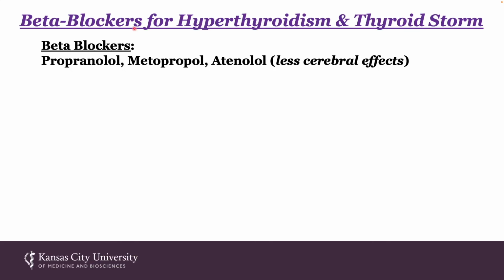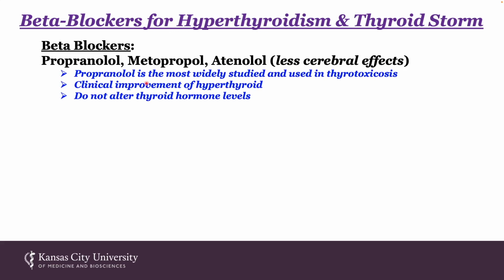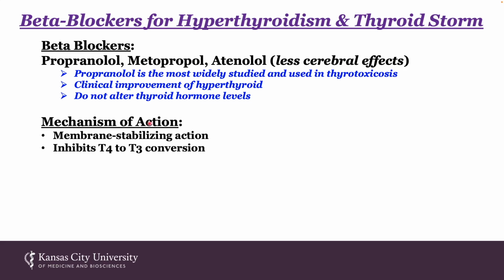Let's talk about beta blockers for use in hyperthyroidism and during thyroid storm. There are 3 primary drugs in this category: propranolol, metoprolol, and atenolol, which has less cerebral effects. Propranolol is the most widely studied and used in thyrotoxicosis or thyroid storm. This drug produces clinical improvement of hyperthyroid activity and does not alter thyroid hormone levels.